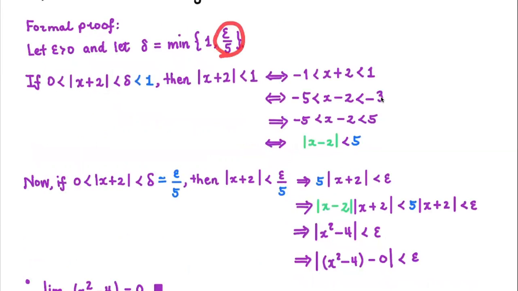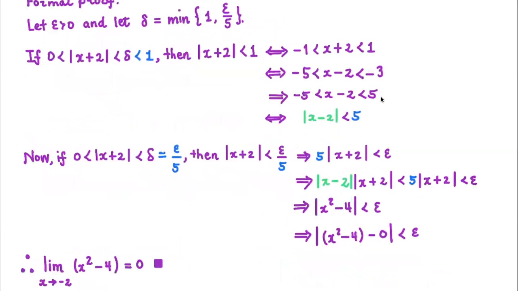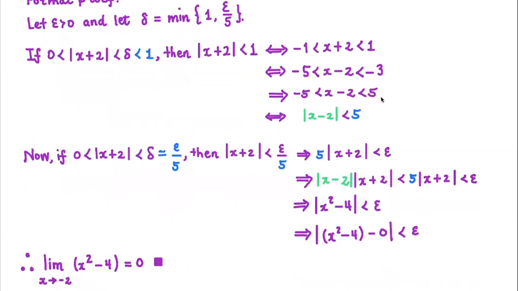And then we take the other delta. If absolute value of x plus 2 is less than delta, which is now equal to epsilon over 5, then we have this inequality. Cross multiplying, we get here 5 times absolute value of x plus 2 is less than epsilon. And we go back to this one here. Let's multiply x plus 2 to both sides.